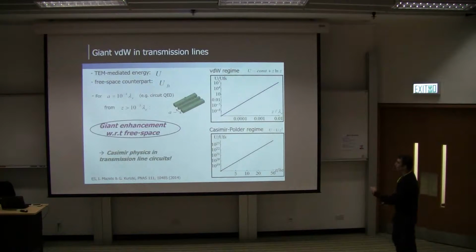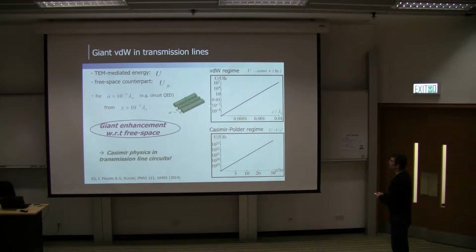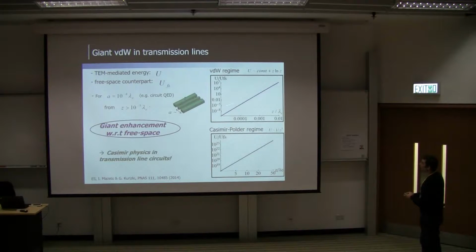The results we were excited about, and why I wanted to continue this work, are here: the van der Waals interaction mediated by this TEM mode, U_TEM, compared to U free space, which I take from a textbook. As a function of the separation, normalized to some resonant frequency of these dipoles, you have a huge enhancement of the force, because the scaling is logarithmic at short distances and a small power law at long distances.